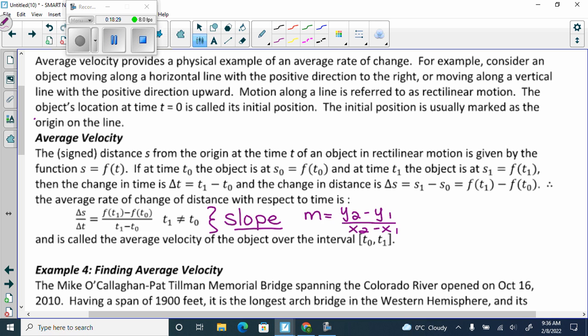So if it ever says average velocity, average velocity equals, I'm going to keep using function notation because function notation is correct, but I'll use x's as normal. It would be f of x2 minus f of x1 over x2 minus x1. It's literally just slope. Don't overthink the question.